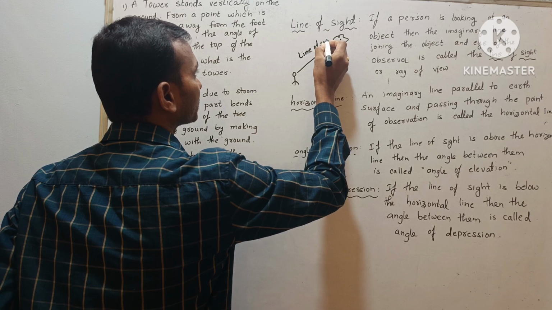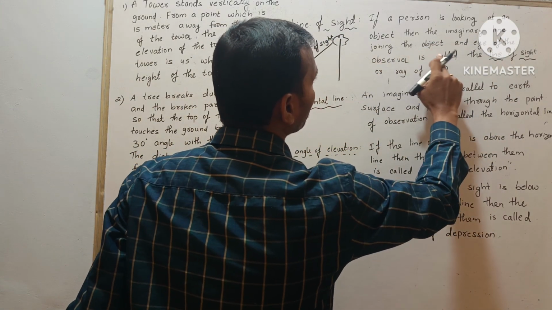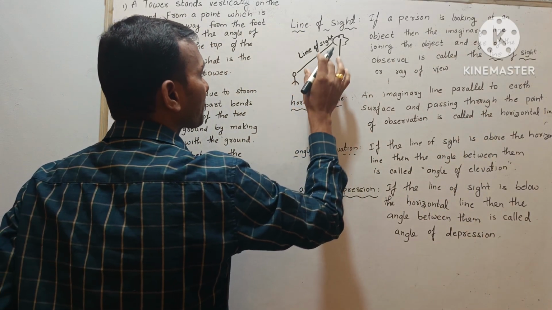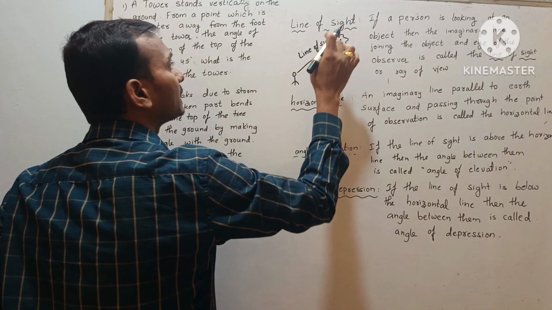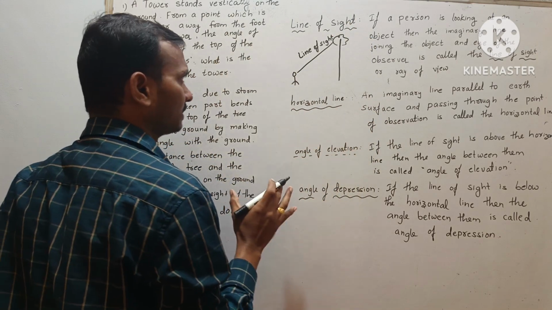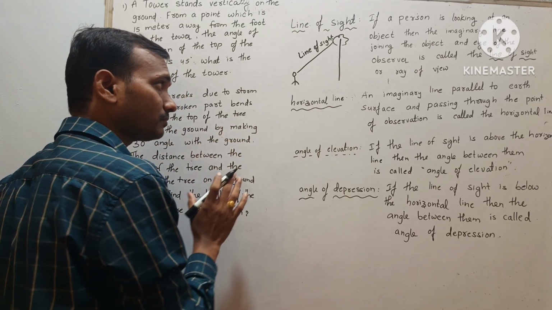Line of sight is an imaginary line between the object and the eye of the observer. The line between the object and the observer person is called line of sight. This is the first definition.